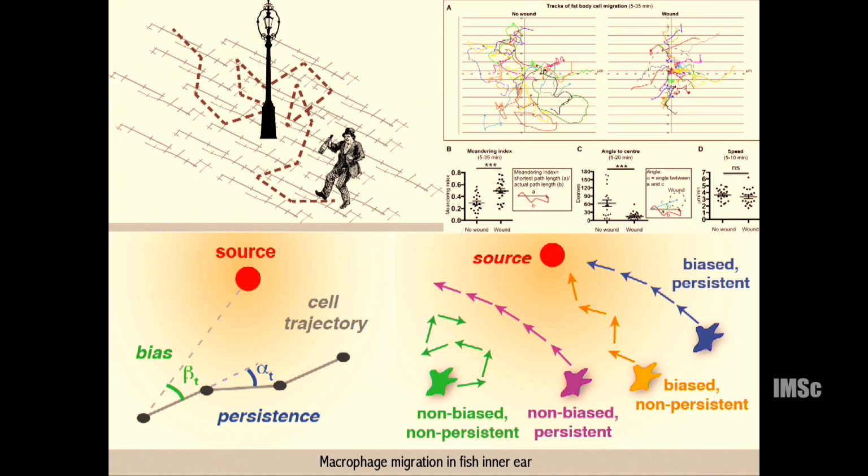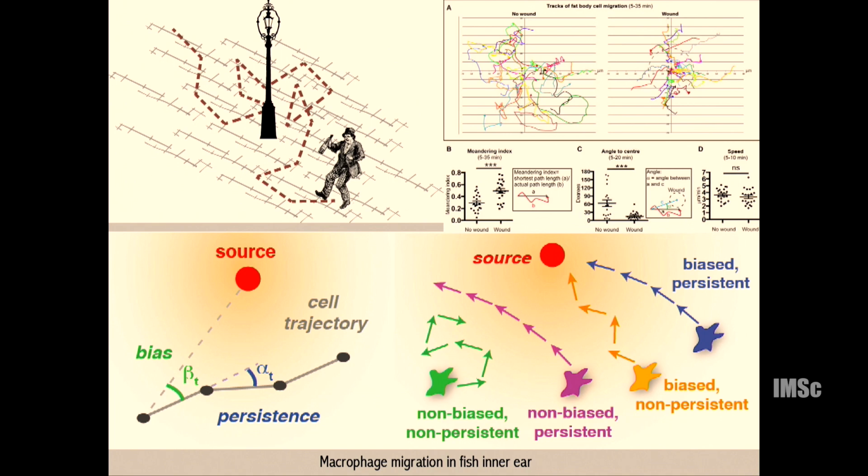So, if you look at what that cell does in response to a wound, actually you see that it follows a trajectory that's a little different from this drunken guy's random walk.